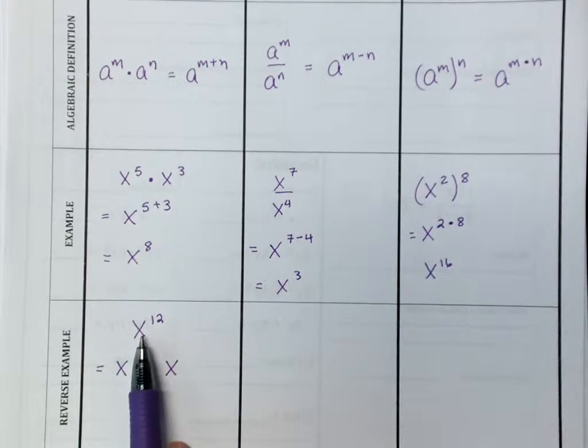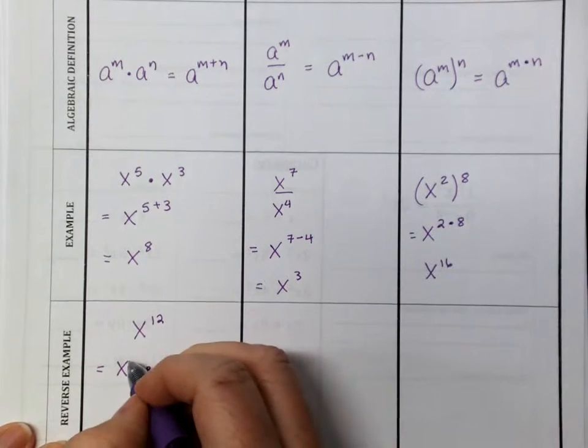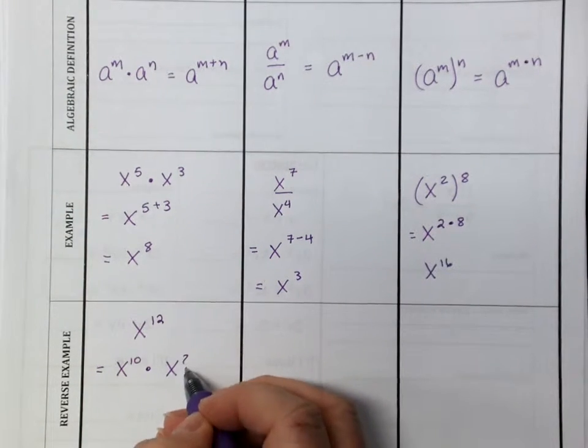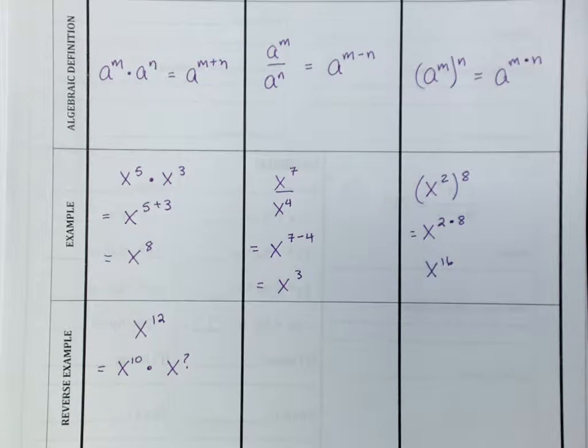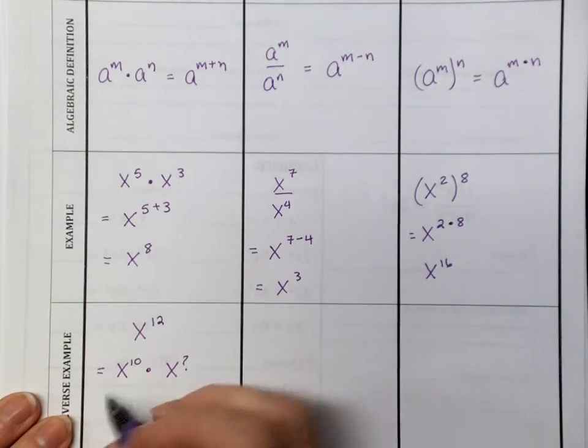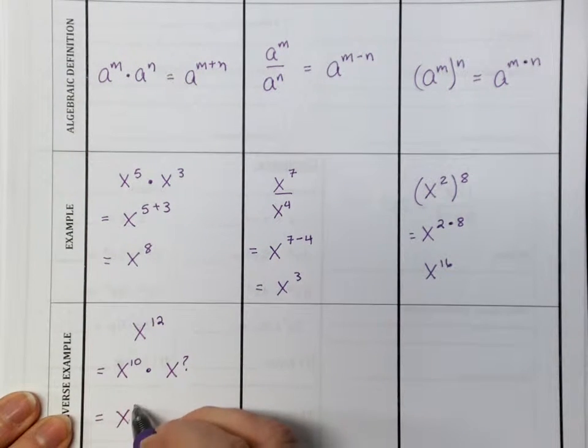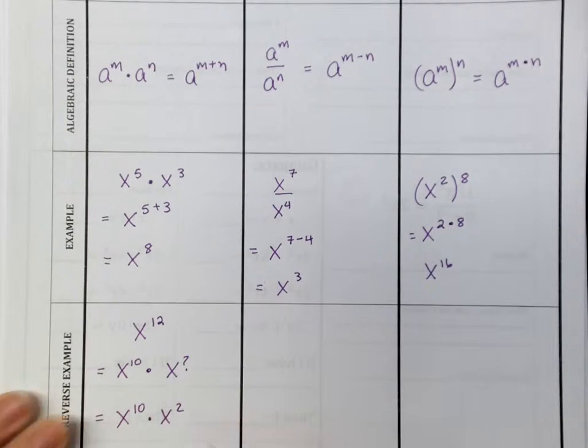All this means is x times x times x times x times x, say that 12 times. So instead of saying it 12 times, we could say it twice with a multiplication sign. What if I said x times itself 10 times, then what would this have to be? 2. 2, right. So reversing our product rule says that this would be x to the 10th times x squared.